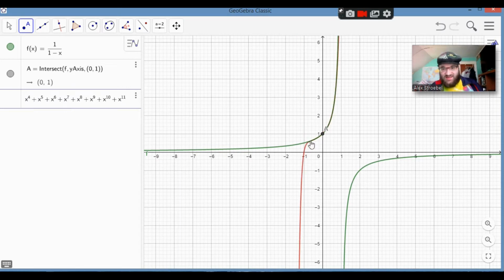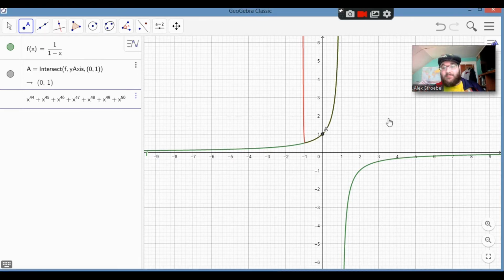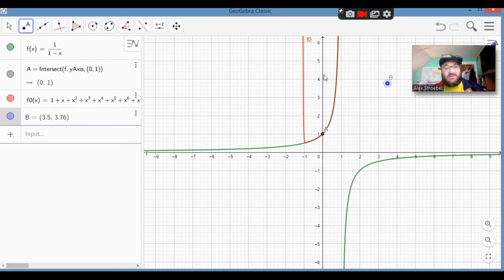Yeah, you can see it goes all the way from here, and it looks pretty close for after it. If you do all the way up to x to the 50th power, you can see that it is spot on all the way almost to -1. So, yeah.